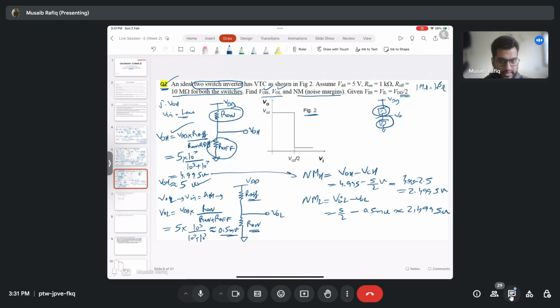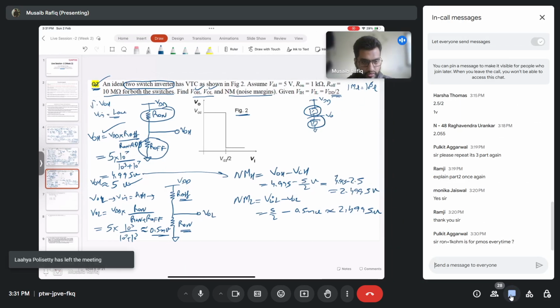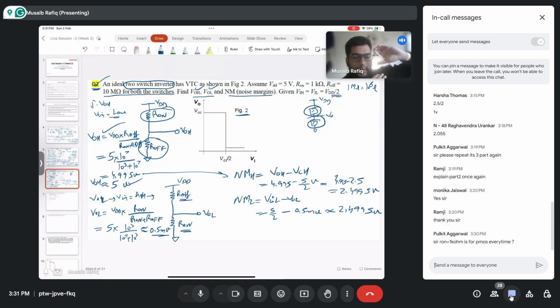So you can't just say the PMOS is 1 kilo ohm every time. It depends on when it's on and when it's off. When my pull-up device is on, it has on resistance of 1k. When it's off, it has an off resistance of 10 mega ohm. Similarly for the pull-down device, when it's on, it has an R on resistance of 1 kilo ohm, and when it's off, it has an R off resistance of 10 mega ohm. I hope that's clear, right?